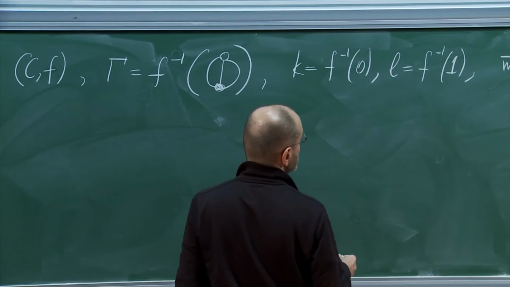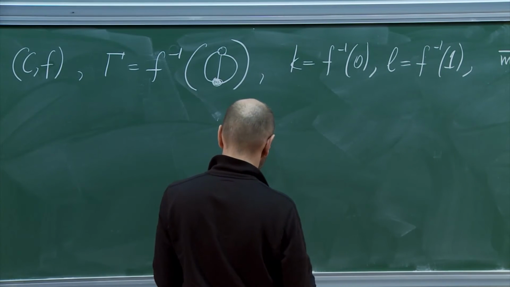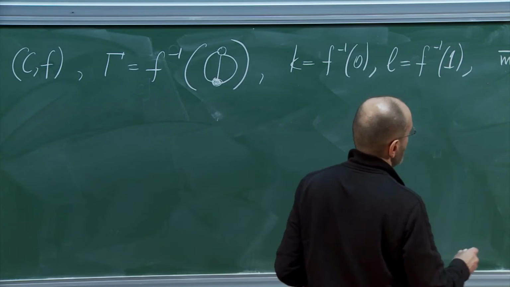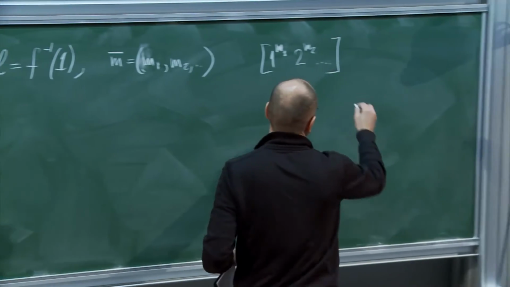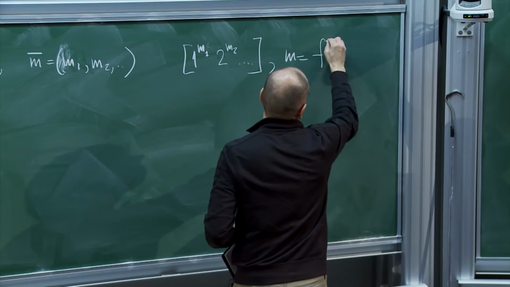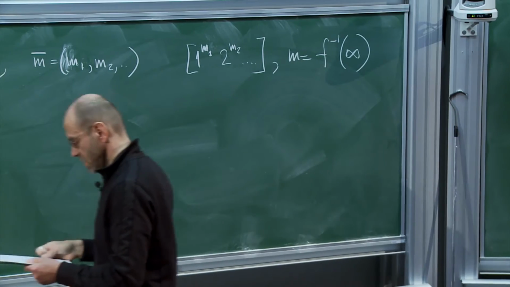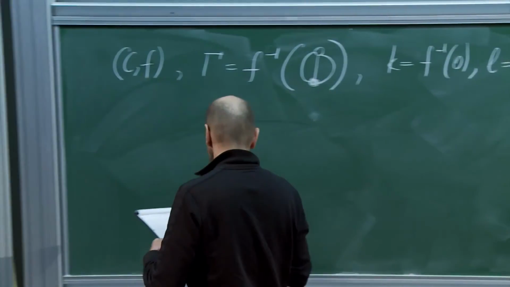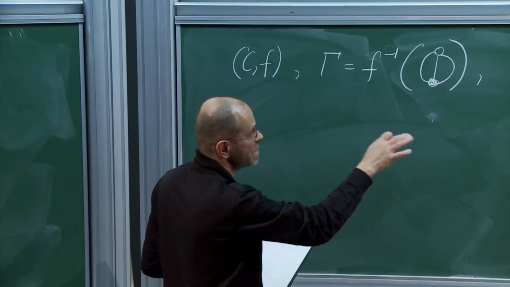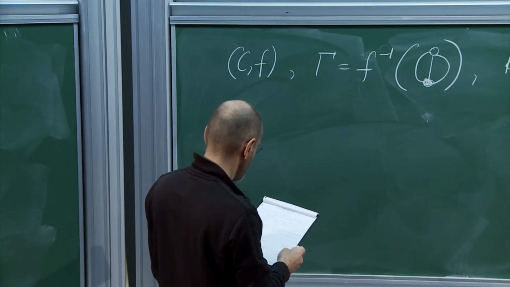And the total number of poles we denote by M, the number of preimages of infinity. So these numbers satisfy certain simple relations. Let me write them down.